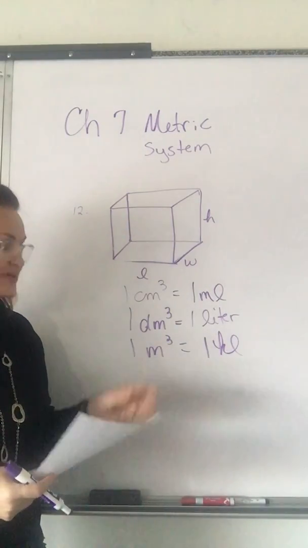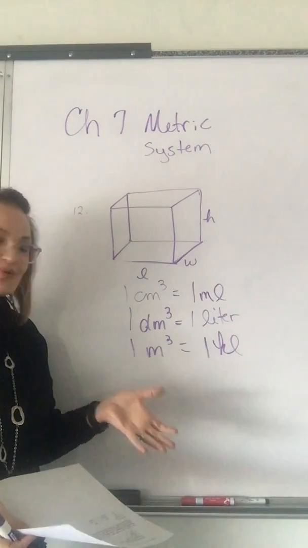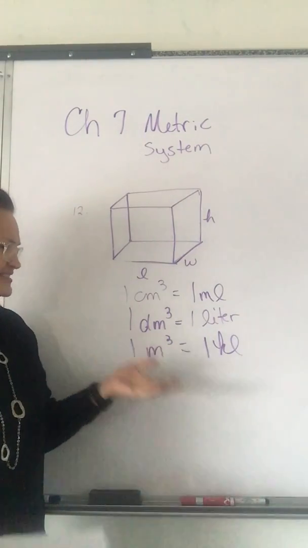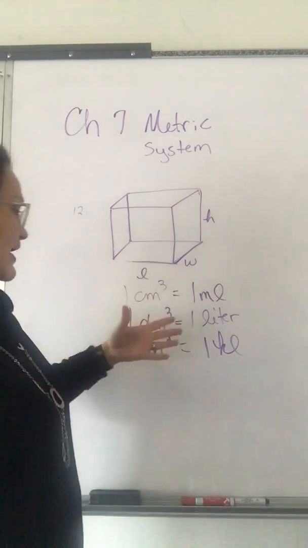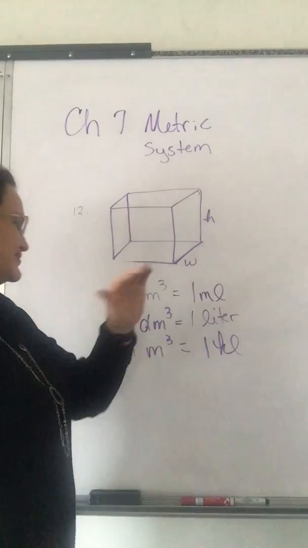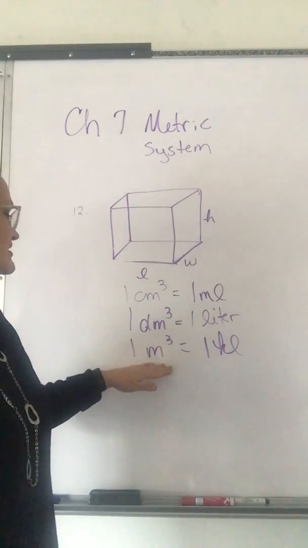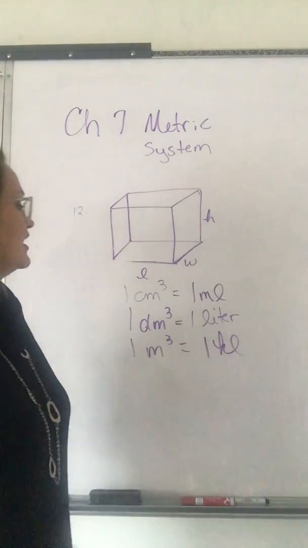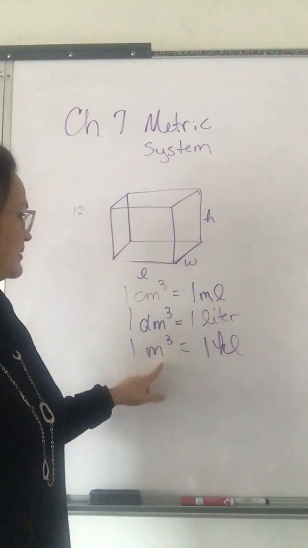I did note this because I used to buy mulch at the mulch store, and they showed it in cubic meters, which I thought was kind of interesting. I don't necessarily see that measure out and about that much, but they sell mulch in a scoop that's a meter by meter by meter.